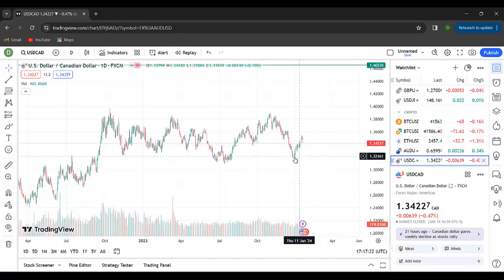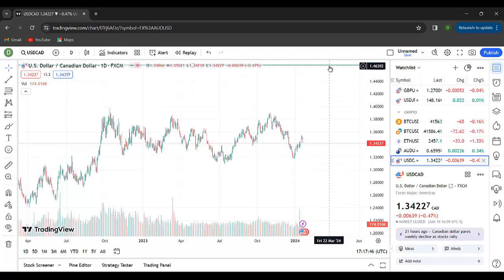So basically, guys, we're looking out for price to sell down here or here, and then we're looking out for buys from this region, from here or here, up to this zone.